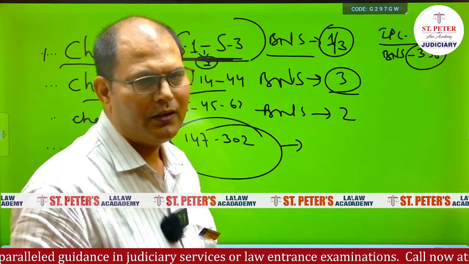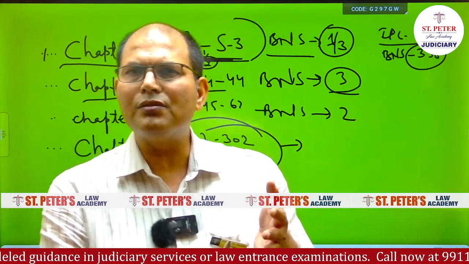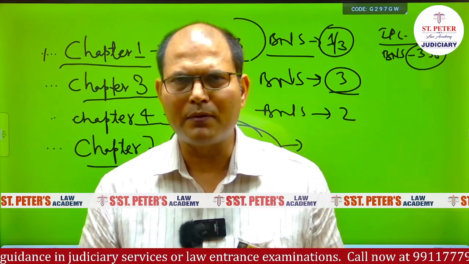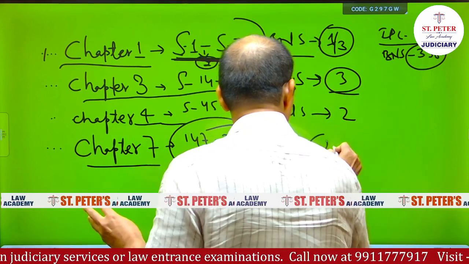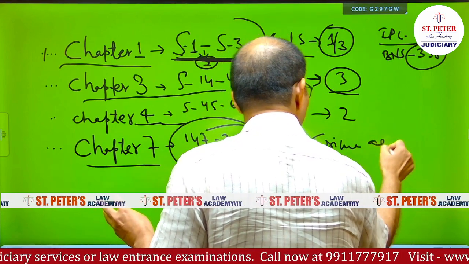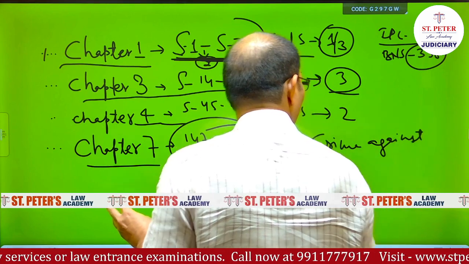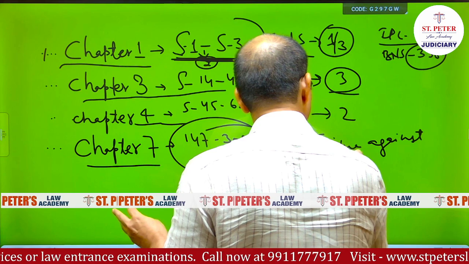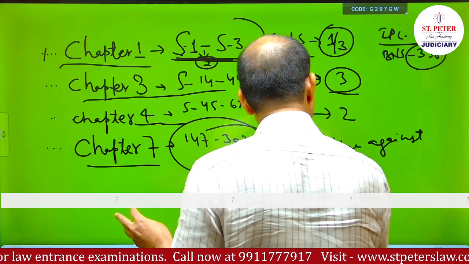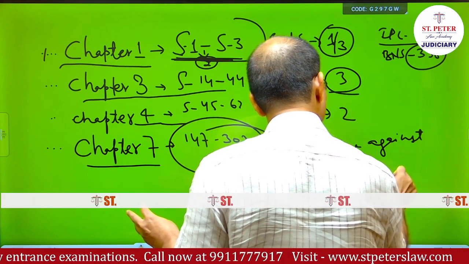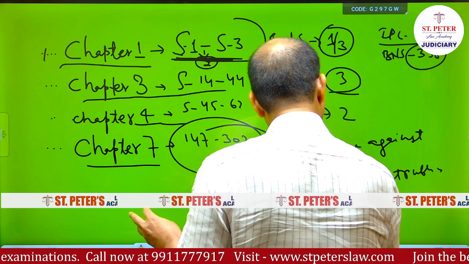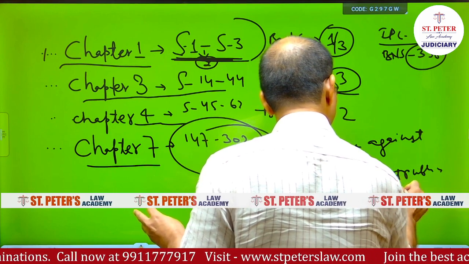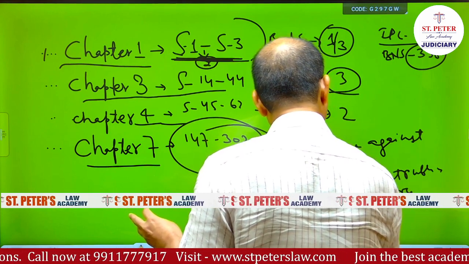Chapter 7 contains the definitions and punishments of various types of crime. For example, crime against the state, crime against public servants, crime against justice, crime against lawful order.